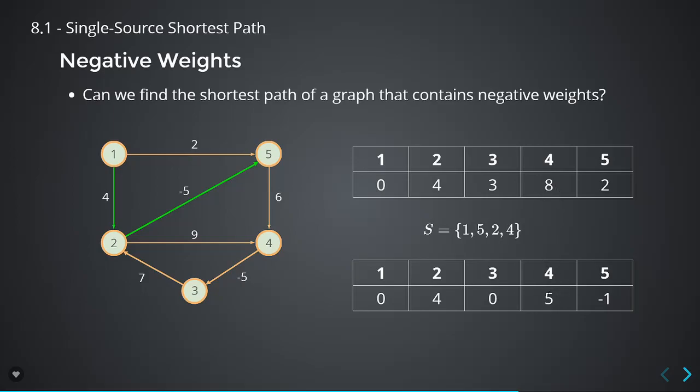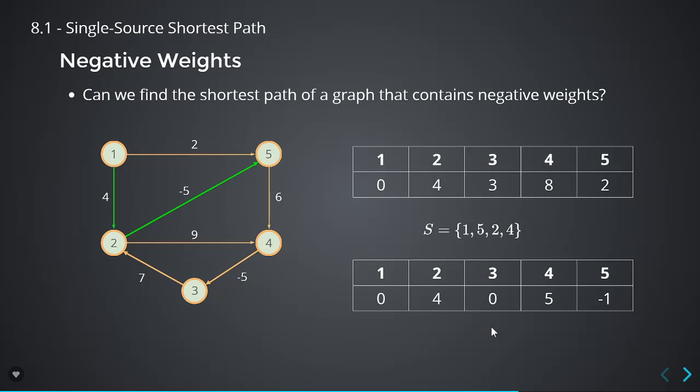And because I can go to 4 at a cost of 5, I can go to 3 at a cost of 0. And none of that was captured in Dijkstra's algorithm. I mean, you can try to run it, but as soon as you fix a vertex into S, you're done with that vertex. You don't try to update it again. So clearly Dijkstra will not work.